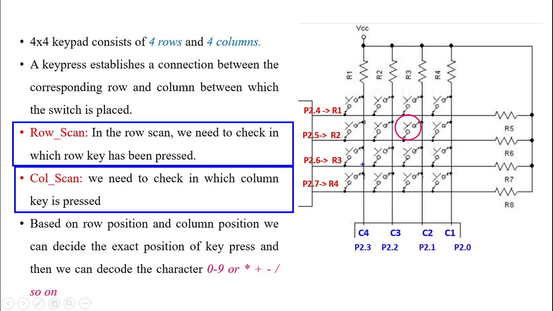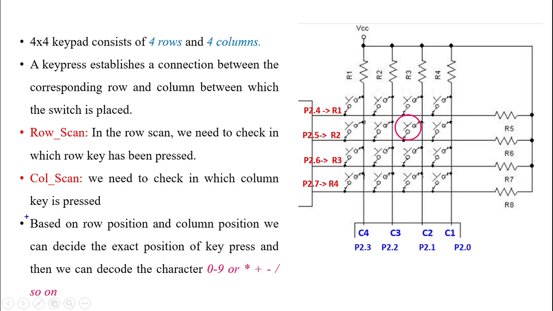So ultimately, we will perform one row scan and one column scan to detect the key position, or where the key is pressed. That position we have to identify with the help of these two actions, row scan and column scan.